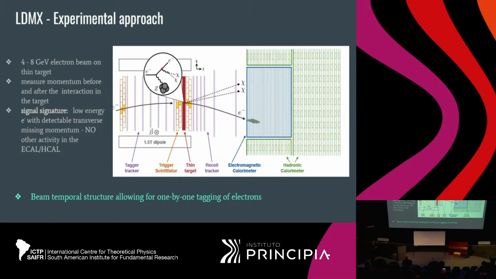So in 10 to the 16 electrons on target it will happen many times. So it may happen sometimes that you lose the radiated photon for some reason. You are inefficient in your detector. It's really complicated to control things up to such a very large number of events. So you remain with an electron in your detector which has been scattered, and it has lost energy because it has produced a photon that you have lost.